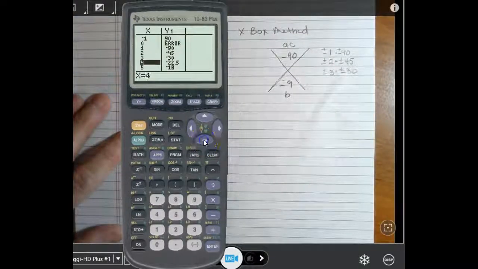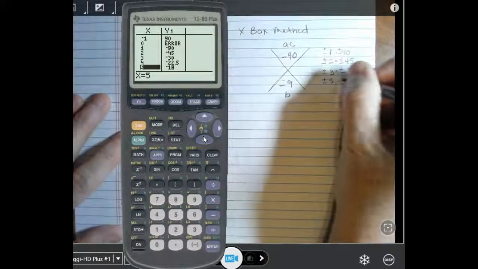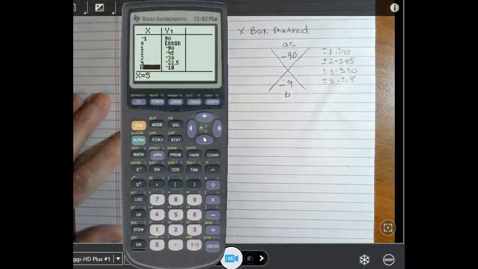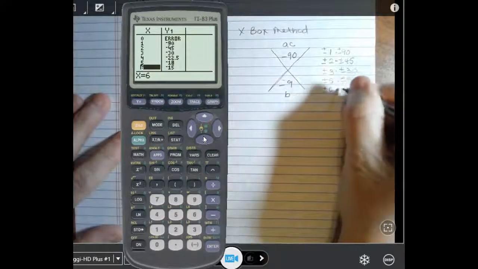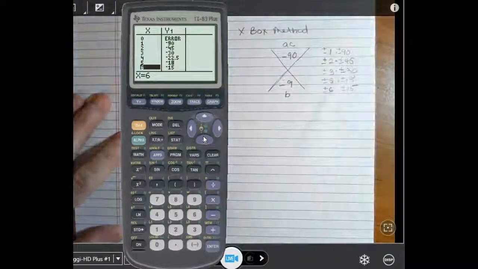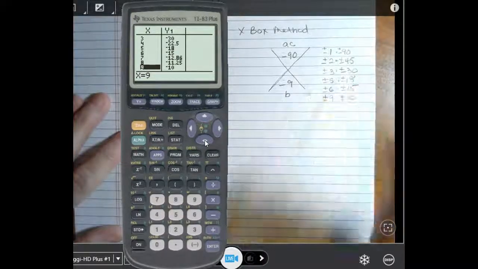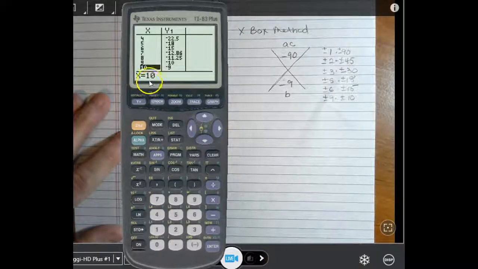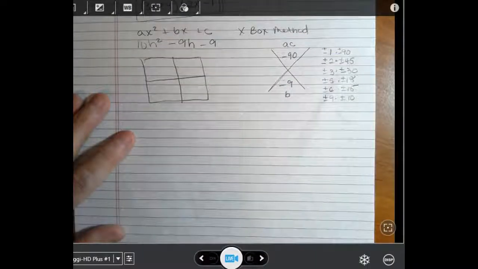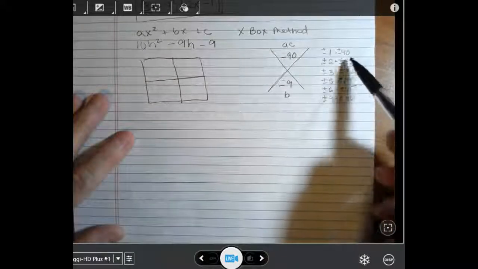Not 4, because it doesn't go into it evenly. 5 and 18, so 5 times 18. And 6 and 15. 7 doesn't, 8 doesn't, 9 and negative 10. And then at this point we're really just repeating what we already have. So I believe that is all the factors that will give me negative 90.